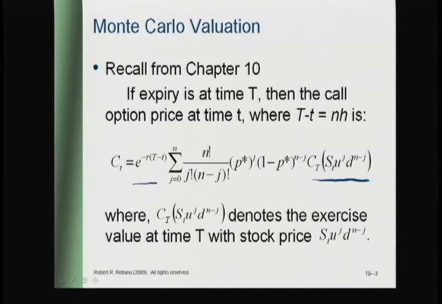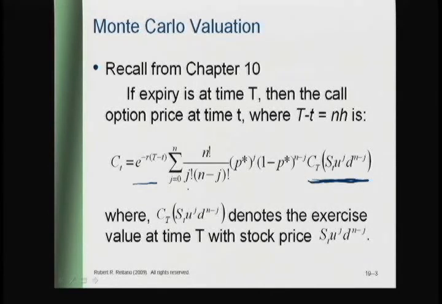We can see in the symbol for the payoff function that there are n+1 values of number of ups and number of downs. The total number of ups and downs, of course, has to be n, and that's why we have a general form u to the j, d to the n minus j, because the total number of steps has to be n, and it's only a question of how that's allocated.